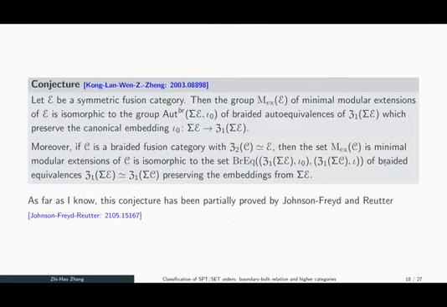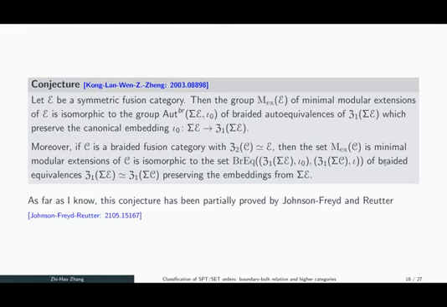Okay, so we try to write down this conjecture. We have a symmetric fusion category E, and now we have a group of minimal modular extensions, and it should be isomorphic to another group which contains braided autoequivalences of the Drinfeld center of sigma E, and they preserve the canonical embedding.